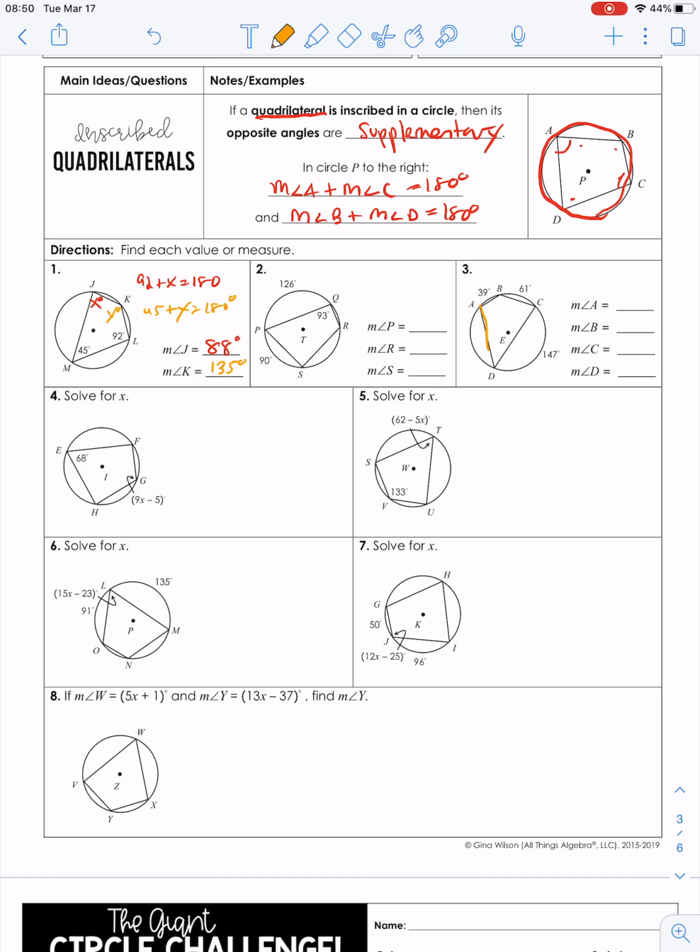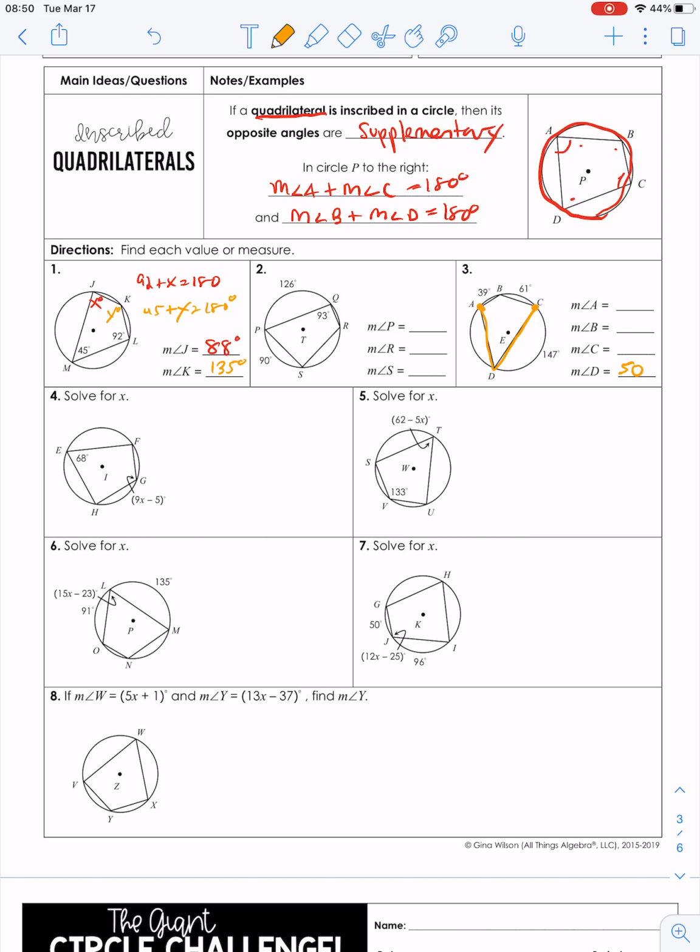What's the measure of angle D? Well, it's half of its arc, and its arc is 39 plus 91. So 39 plus 91 gives us 100. Half of 100 is 50. Very good.